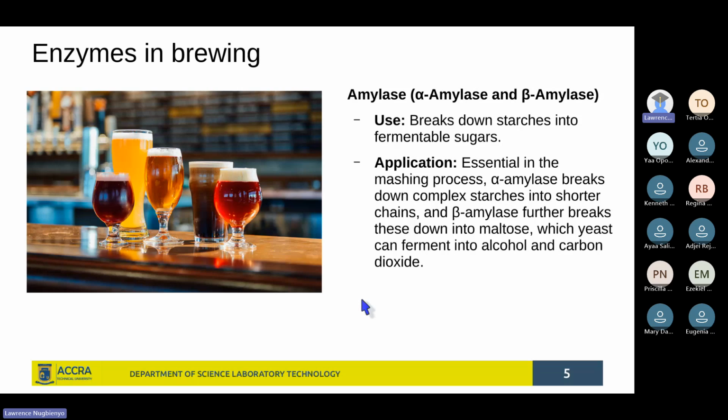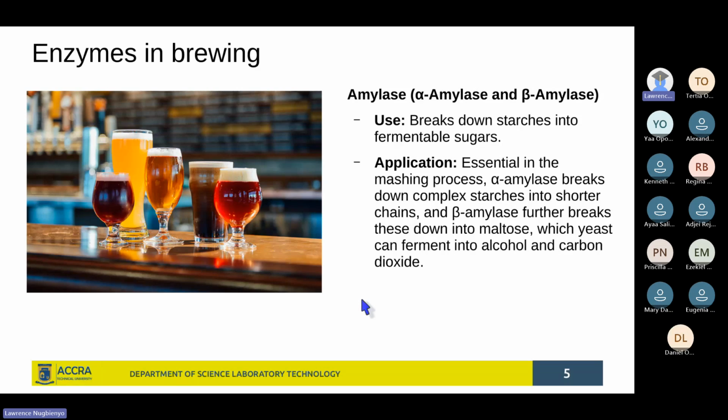But see, the feedstock which is used does contain not only digestible carbohydrates, but can contain also some indigestible carbohydrates, like fibers. And so you do have a mixture of both alpha amylase and beta amylase.